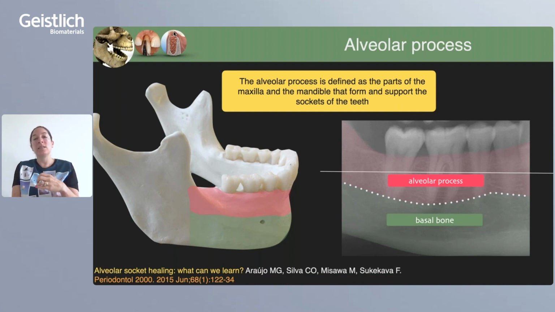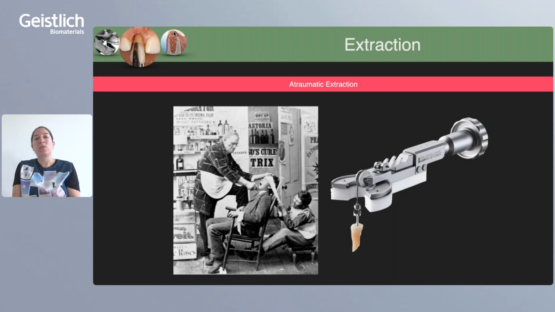And when the teeth are going to be extracted, we will lose part of the alveolar process that lies on top of the basal bone. So what we always aim for when we have to do a tooth extraction is an atraumatic extraction, because we want to preserve as much bone and as much soft tissue as is possible.